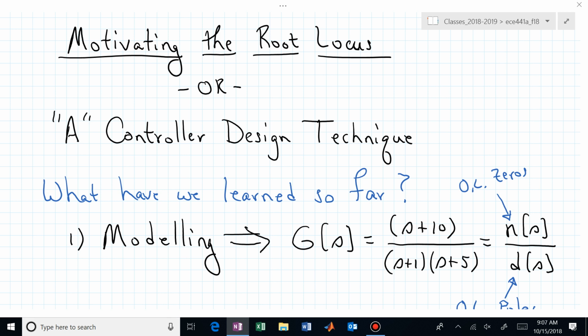And typically it is a gain that we're adjusting, a gain k. Or you can think of this root locus as providing a technique to design controllers if you're adjusting the gain k.